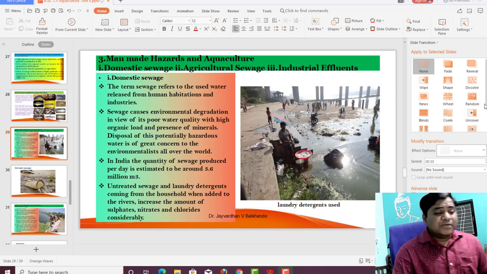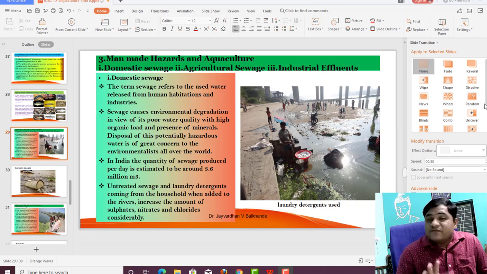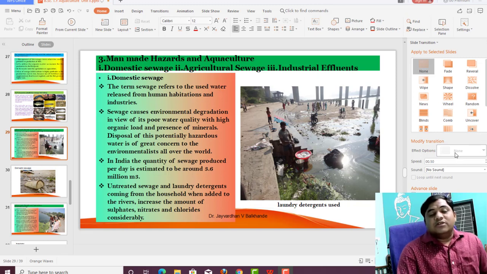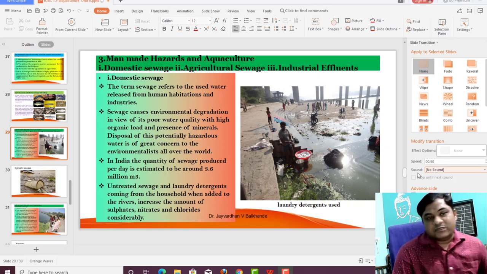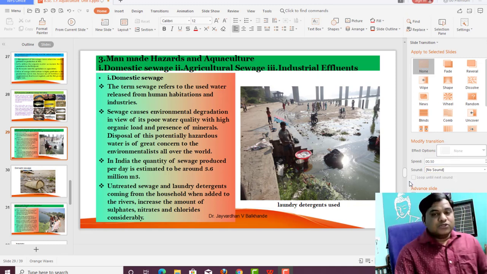Lastly we have discussed the suitable fish species for sewage fed fisheries, the number of fishes that can be used for culture in sewage. So these are the two points we have discussed.